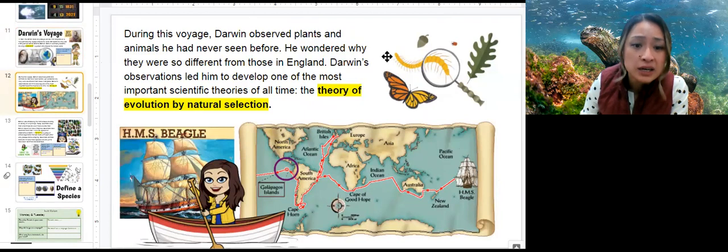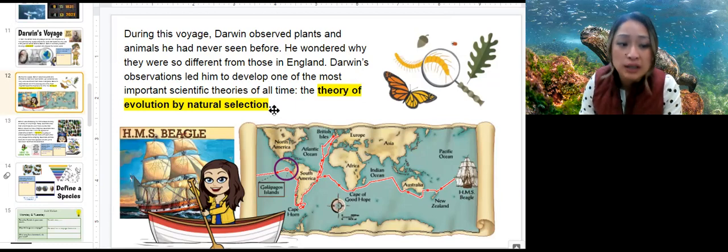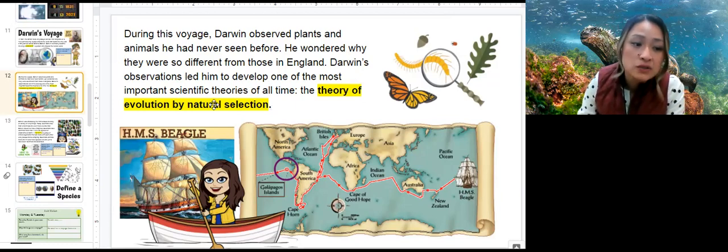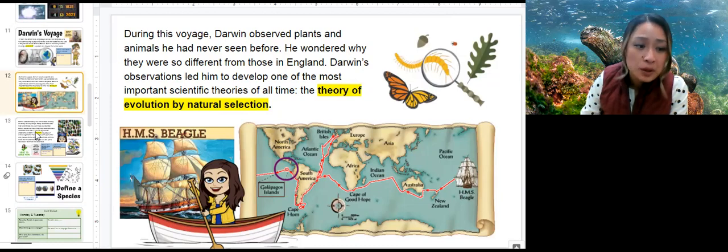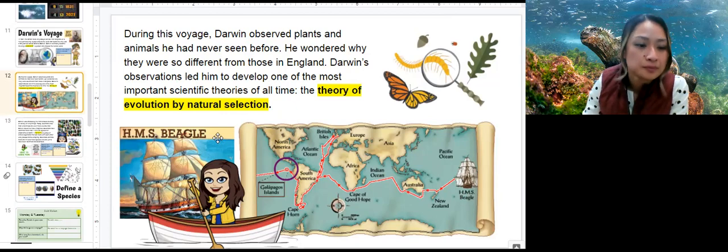He had observations that led him to develop one of the most important scientific theories of all time, the theory of evolution by natural selection. We will get into what natural selection is in a bit, but for now, just hold on to that idea.